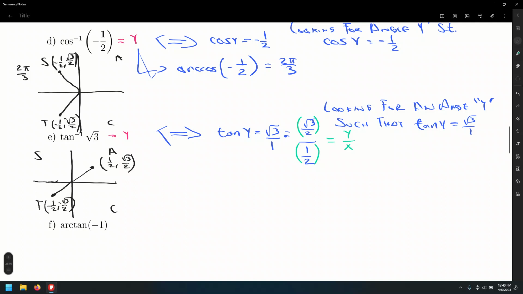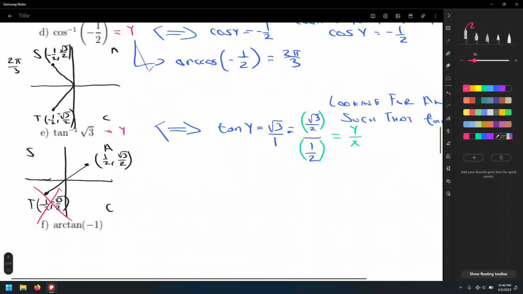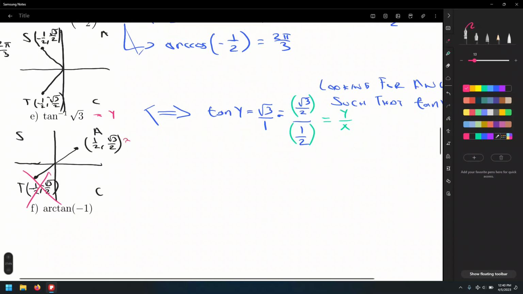Now, going with the unit circle, what angles are those? Well, actually, I don't think at this point we need to check for both angles. We can already disregard this one, right? Because that's not within the range of the inverse tan function. So the inverse tan function is only defined in quadrants 1 and 4. Well, what angle is this?